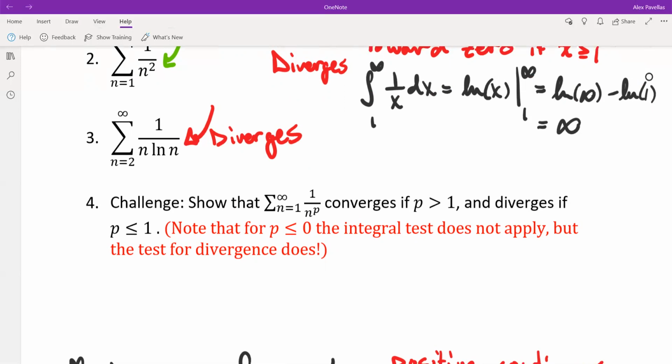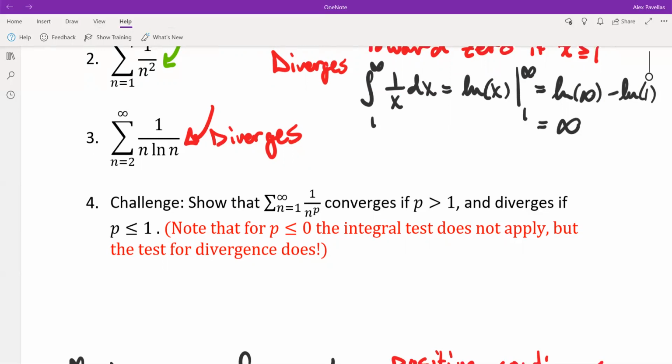If you're using the integral test for this, note that if p is less than or equal to 0, the integral test doesn't apply. Why? If p is negative, or 0 for that matter, the terms don't approach 0, which violates one of the conditions of the integral test. However, since the terms wouldn't approach 0, you'd automatically know that the series diverges from the test for divergence.